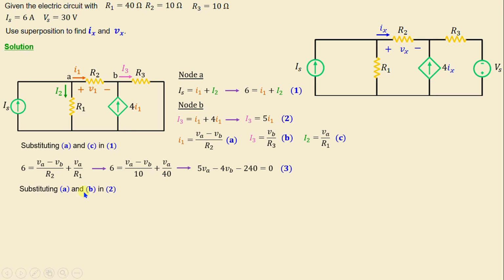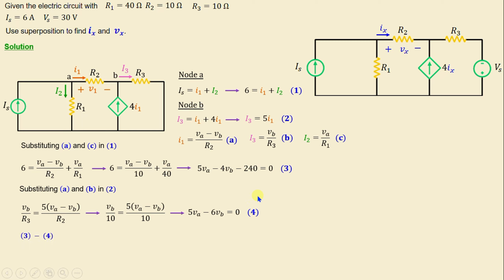And now by substituting A and B in 2, we can write VB over R3 is equal to 5 times VA minus VB over R2. And if we replace R2 and R3 with their numerical values, and we continue simplifying, we obtain 5VA minus 6VB is equal to 0.